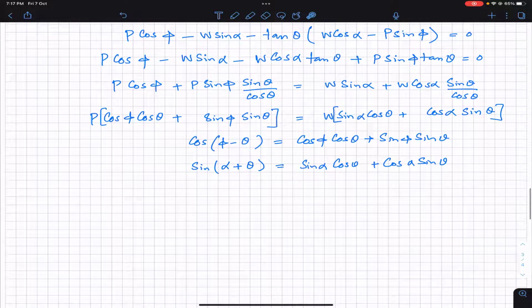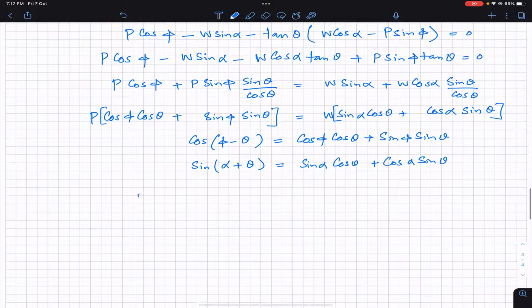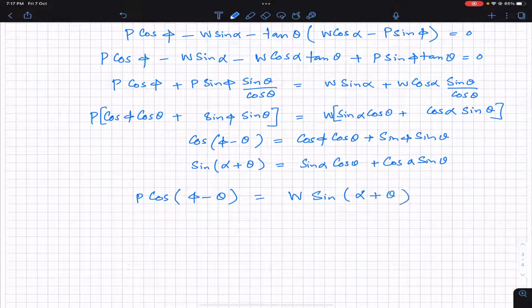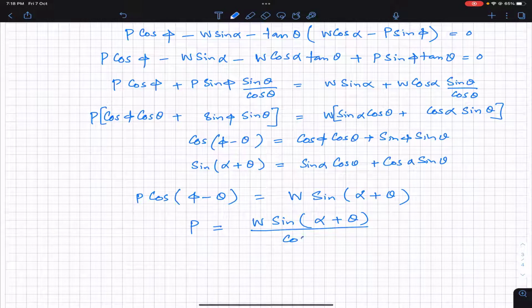So now we can write this whole equation as P cos of φ minus θ equals W sin of α plus θ. So from this we can write that P equals W sin of α plus θ divided by cos of φ minus θ.